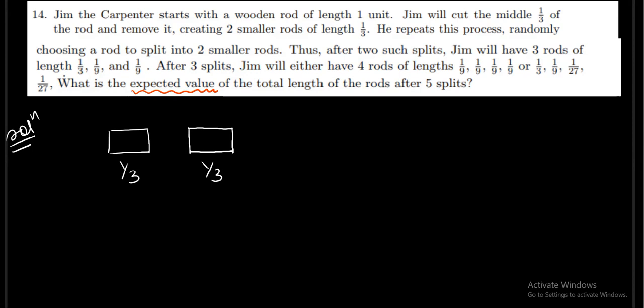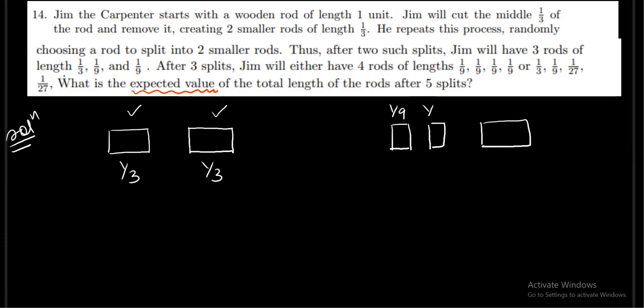Coming to the second split. Now for the second split, he will be selecting any one of these two rods. So it might be possible that he selected the first rod and then he is removing 1/3 from it. The second rod will remain as it is. Removing 1/3 from it means this is how he is going to remove. So you will be left with three rods.